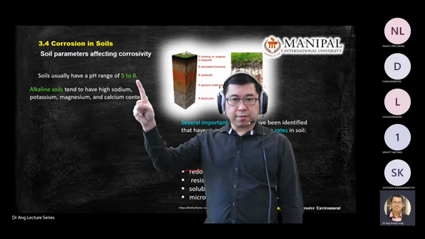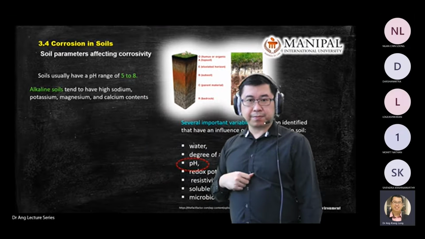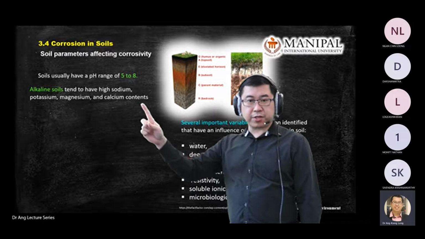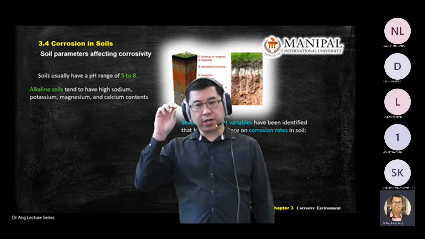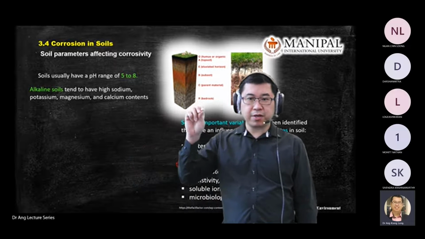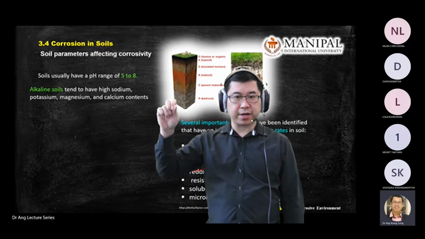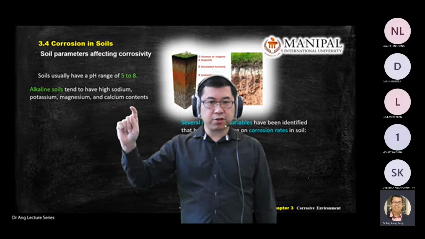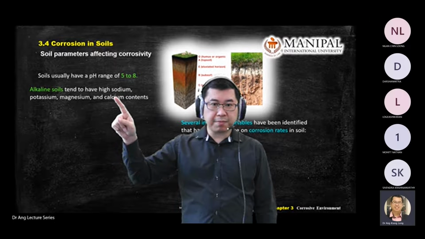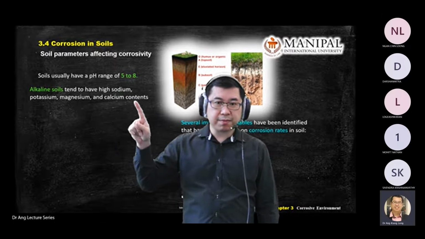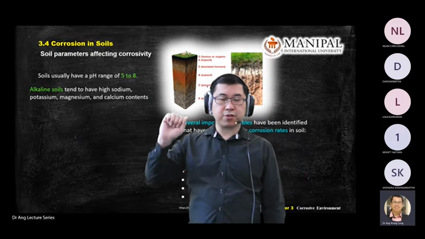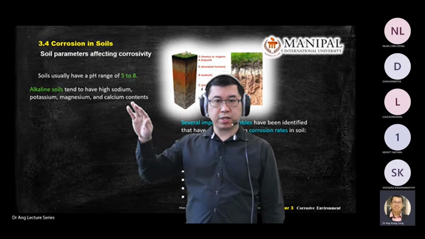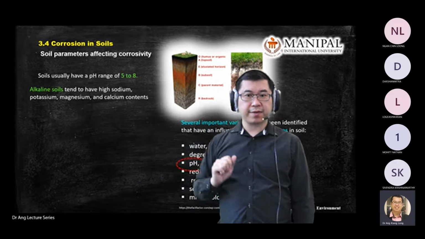How does soil move to the alkaline region? Very high chances it is because of the mineral content in that particular area. If you have high sodium, high potassium, high magnesium, high calcium, then that area of soil will be more towards alkaline.